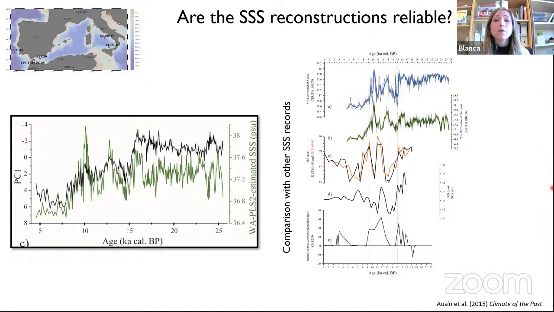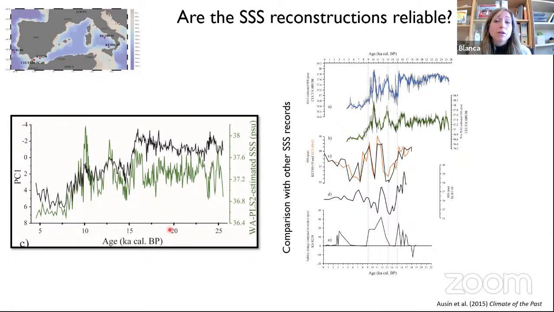And we compared it with our reconstruction. If the salinity was the variable driving coccolithophore variability over this period, then both records should be similar, as we see here in this graph, especially for the last 16 kilo years. They diverge a little bit more for older periods.